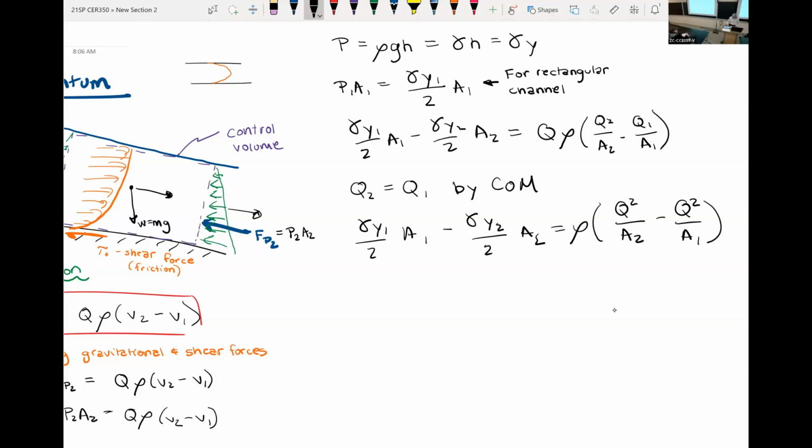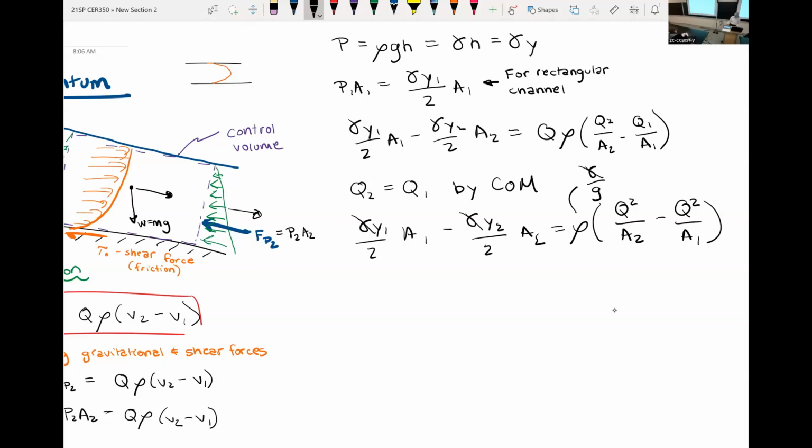And we can substitute in for rho, we can substitute in gamma over g, because rho g is equal to gamma. So just a little rearranging there, we can put in gamma over g for rho. And then these gammas drop out on both sides.